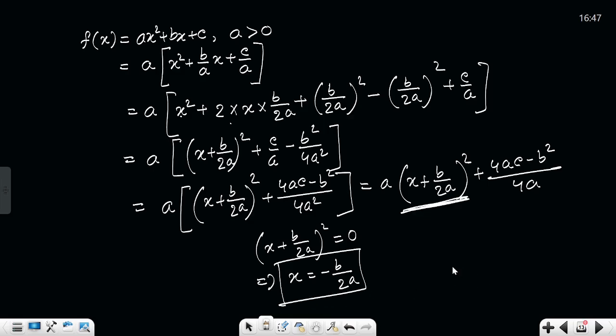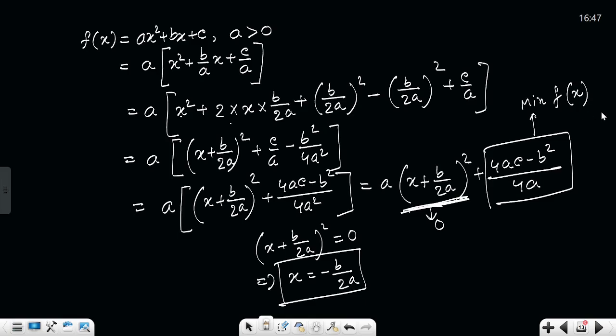This is the value of x for which f(x) will be minimum, or you can say f(x) will attain the minimum value. And what will the minimum value be? If this term becomes 0, then the whole term becomes 0. So this will be the minimum value of f(x).